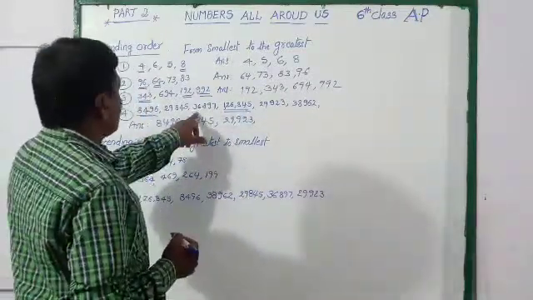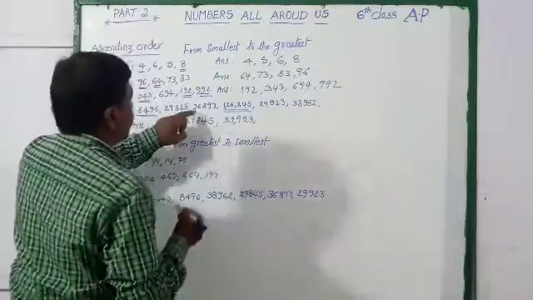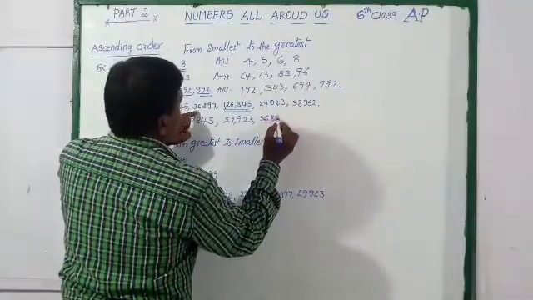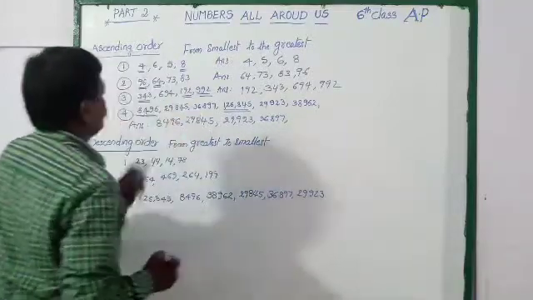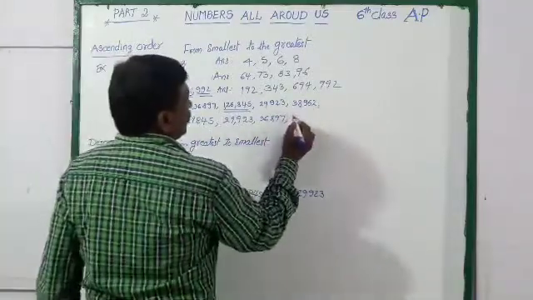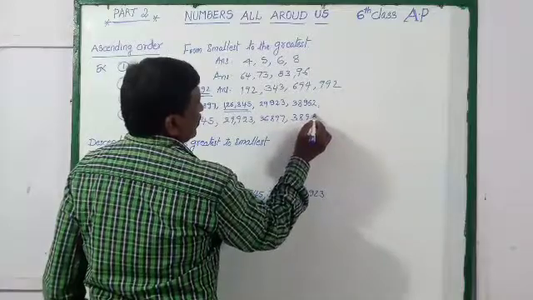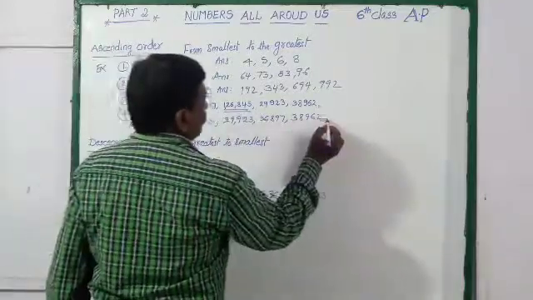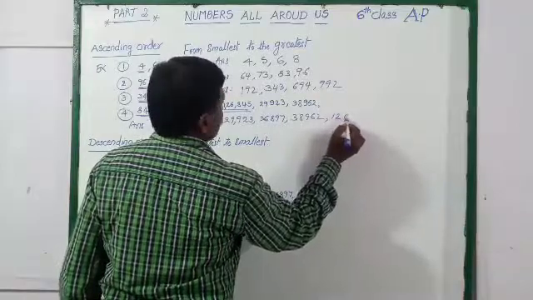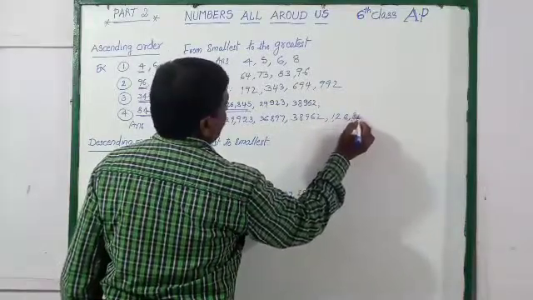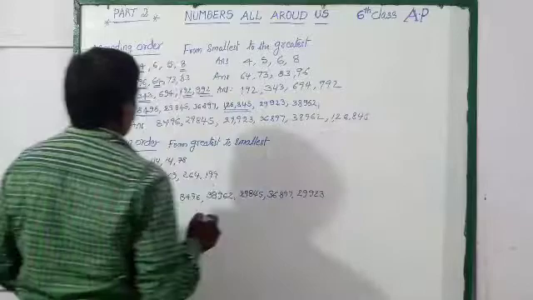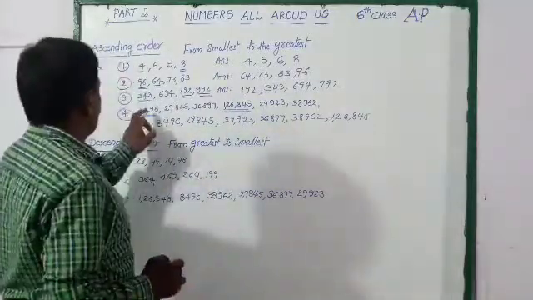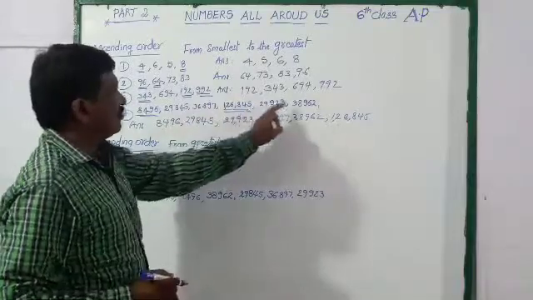Next 36 to 38: 36,897, next 38,962. Next greatest number is 1,26,845. So it has 1, 2, 3, 4, 5, 6 digits.